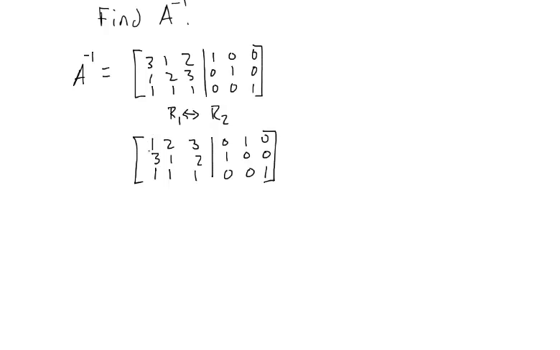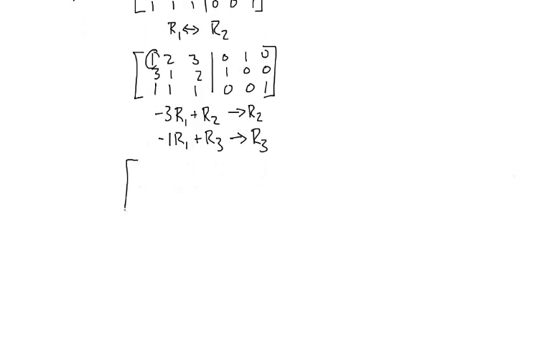Now that we have a 1, this becomes our pivot row, and now we need to get zeros where our 3 and our 1 are, so we're going to do -3 times row 1 plus row 2 and put that in row 2, and then -1 times row 1 plus row 3 to row 3.